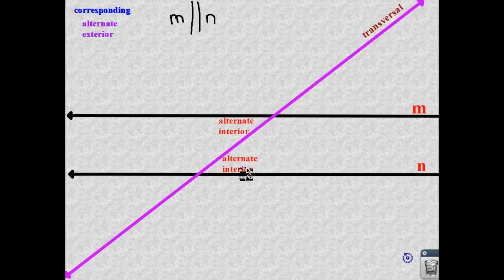And so that's your first set. And then the second set of alternating interior, if I slid this one to the right, we have a very large obtuse. And if we're alternating, we're going to the opposite side on the inside. And there you have another set of alternating interior angles.